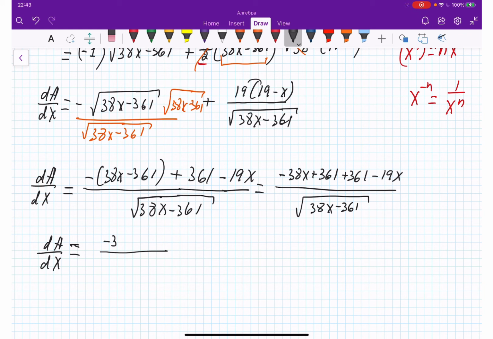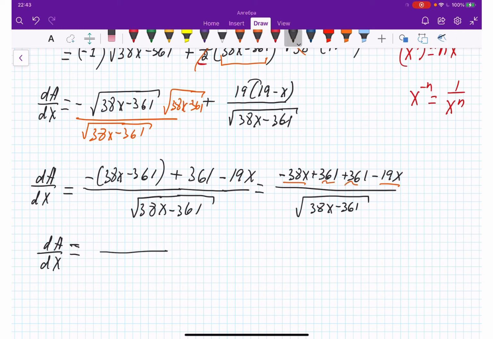Let me combine negative 38x and negative 19x, this one and this one, and then these two.